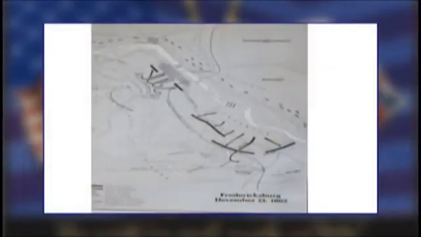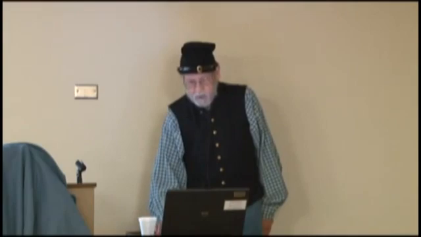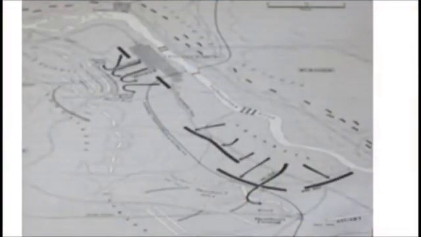Fredericksburg. Actually, this wasn't all Burnside's fault. This is the Rappahannock. Burnside, coming down from the north, had ordered pontoon bridges to cross the Rappahannock. And Secretary of War Halleck did not really like Burnside, so he hesitated.